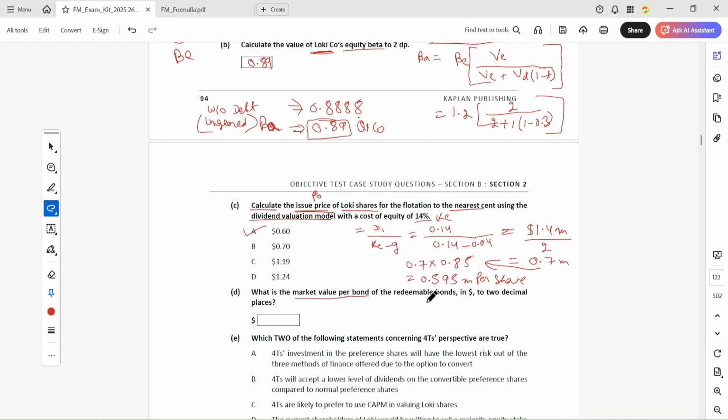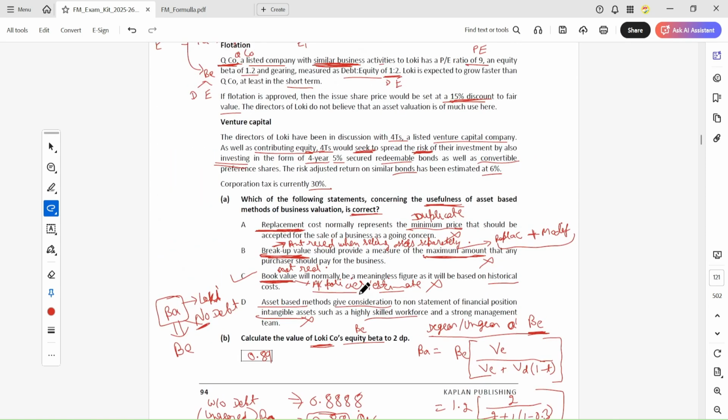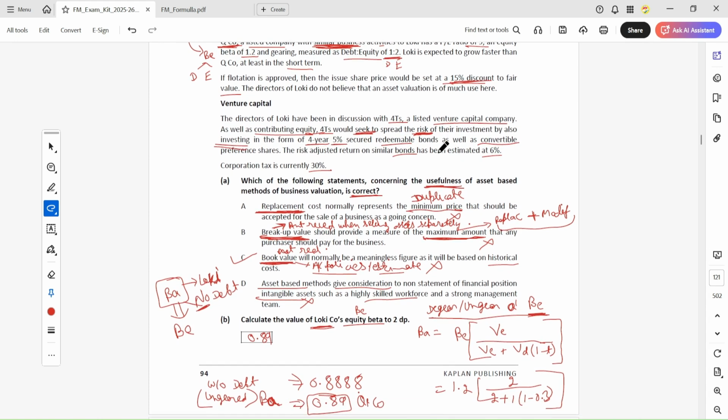Next is the market value per bond of the redeemable bond, to two decimals. So you need to calculate the value of the redeemable bond. The investment is also in the form of a 4-year 5% redeemable bond, or convertible preference share.